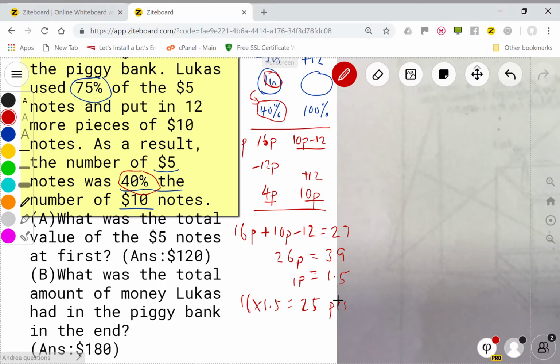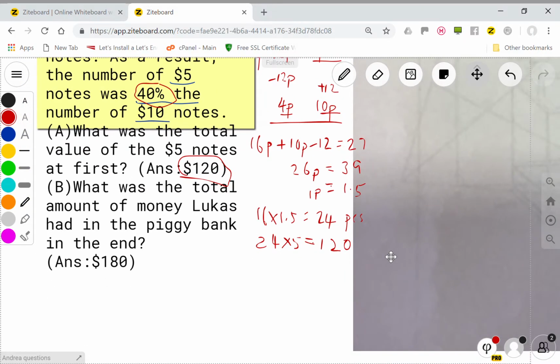So you take 25 times 5. 1.5 times 16. Sorry, 24. Error, I calculated wrong. So it's 24 pieces. So 24 times 5 equals 120. So that's our first answer, $120. Next one.